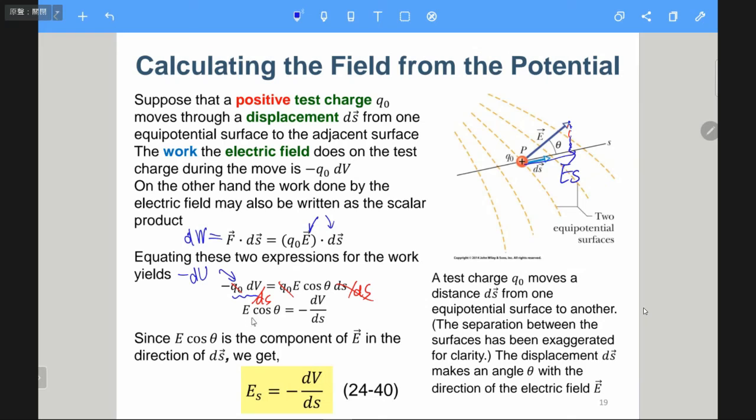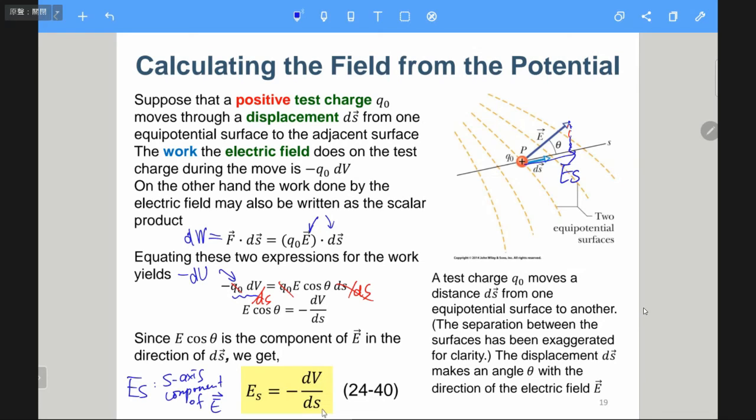So in that case, Es is the s-axis component of E. So Es is nothing but negative dV/ds.